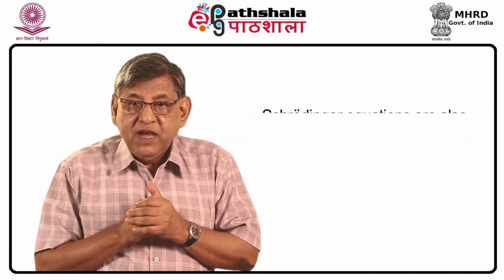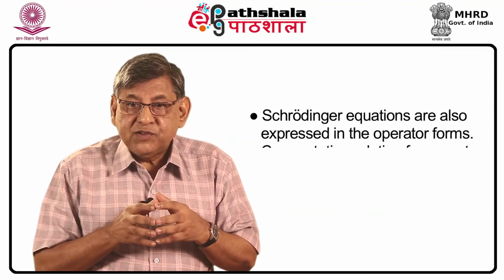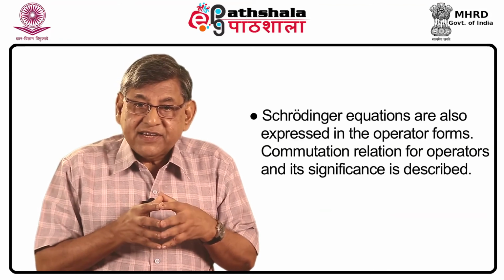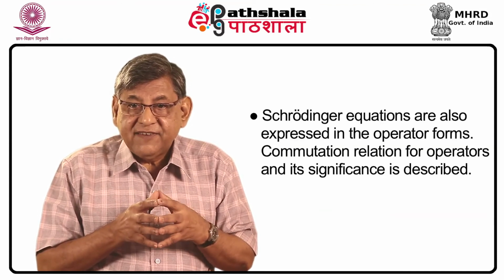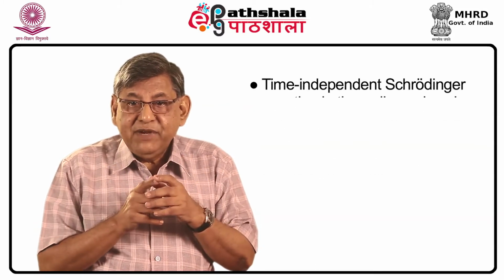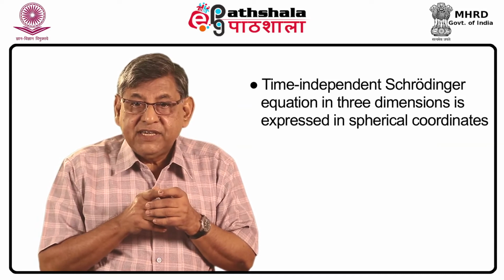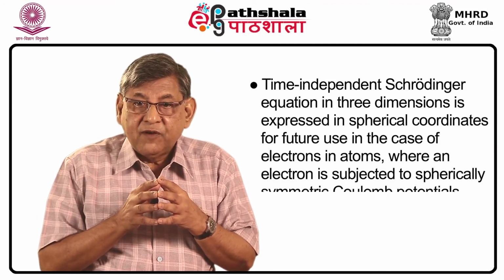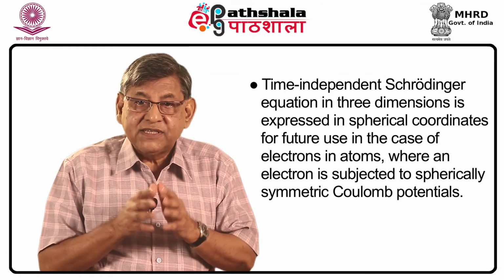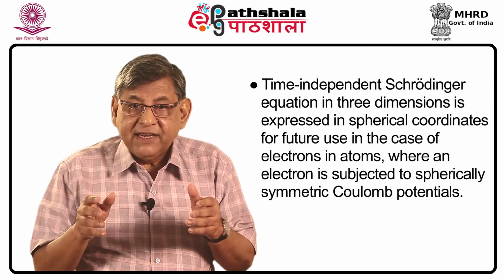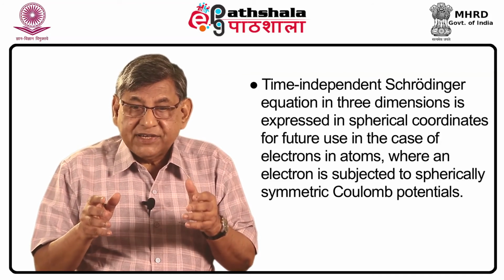Number two, the Schrodinger equations are also expressed in operator forms, and the commutation relation for operators and its significance is described. And finally, the time-independent Schrodinger equation in 3 dimensions is expressed in spherical coordinates for future use in the case of electrons in atoms, where an electron is subjected to spherically symmetric Coulomb potentials.